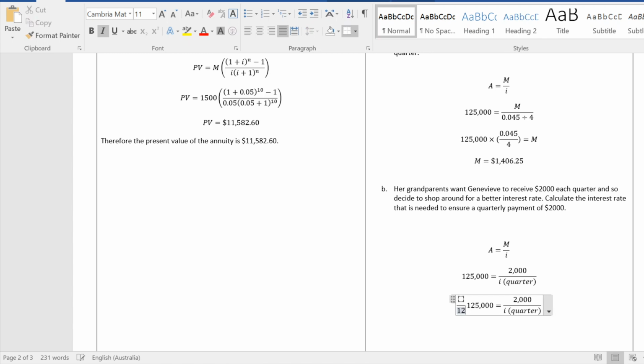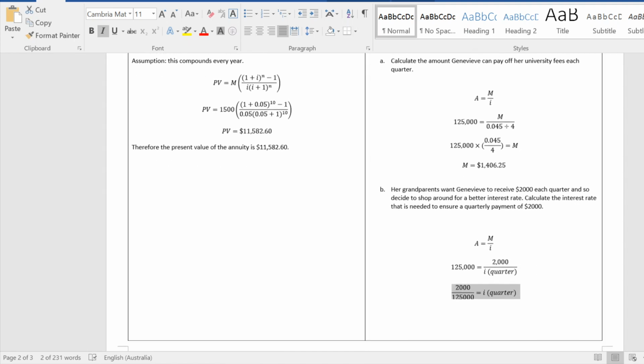So 125,000 down the bottom here. And moving the 2,000 to the other side, you're going to end up with this. And that's going to give you just the interest rate per quarter. Okay, so that's how we get our interest rate per quarter.